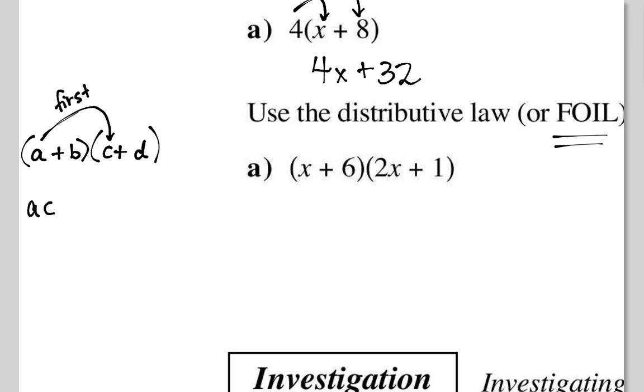And then the O stands for the outer, and that would be A times D. So basically you put A onto both of them, the C and the D, and then you go inside, so that would be inner. That would be B times C, and then the last one, that's why they call it last for the L. FOIL: first, outer, inner, last. That would be BC and BD.